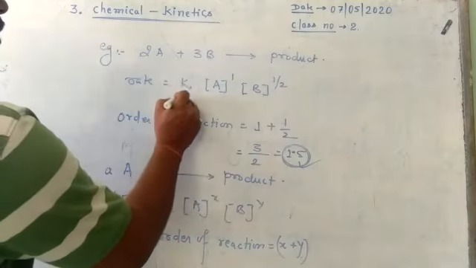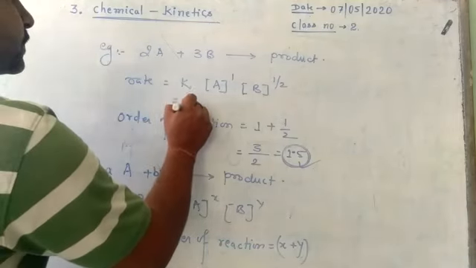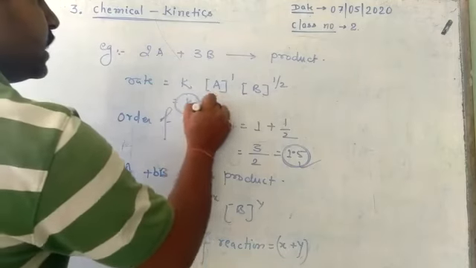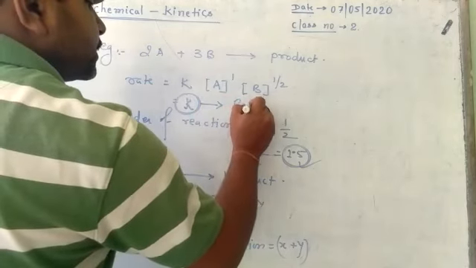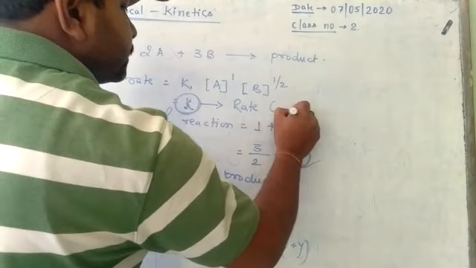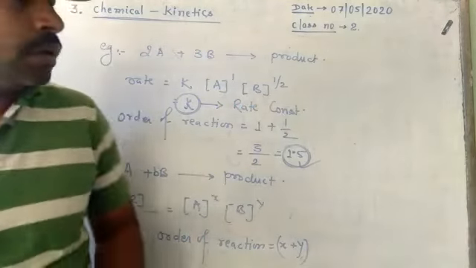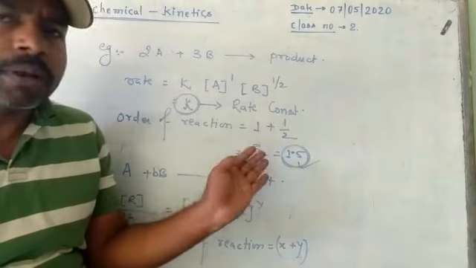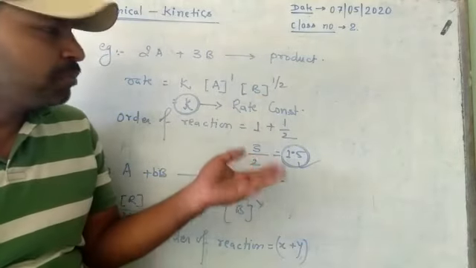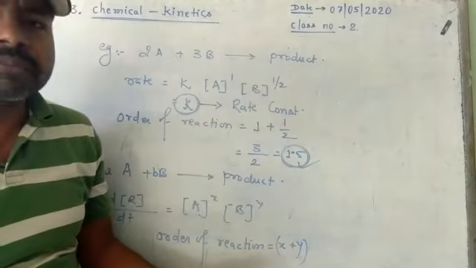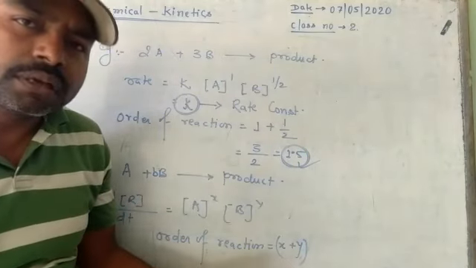Here, students, k is a rate constant. Okay students, no problem arises at all because it is the simplest form of this chapter. Clear students?